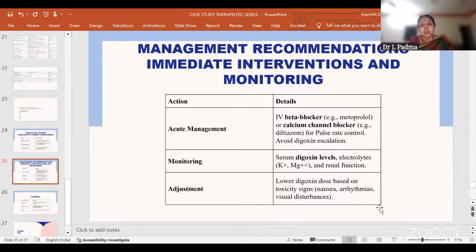Avoid digoxin escalation because of TDM, because of the narrow margin of safety. We have to see that it is in that therapeutic range. So many problems are there.